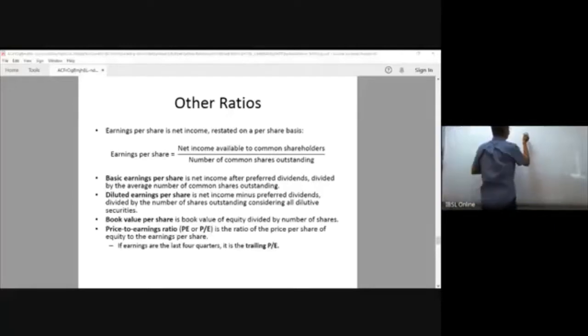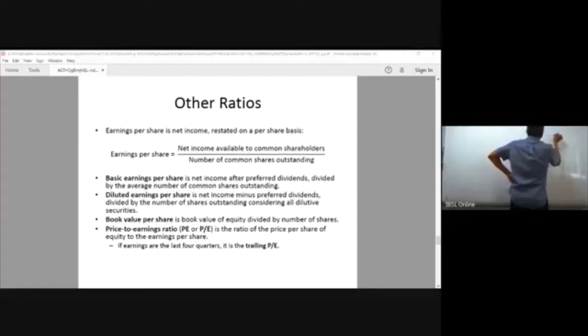Like what I told you, your company, your bank's earning per share. Earning per share, you know, is the total earnings divided by total shares in issue.